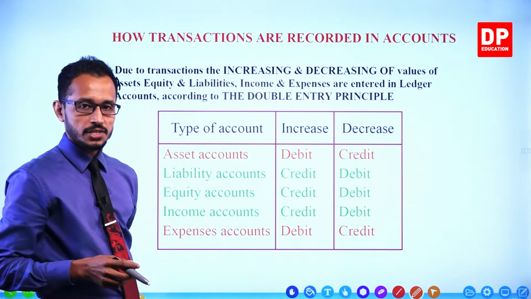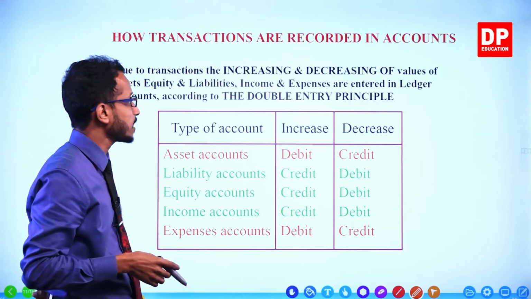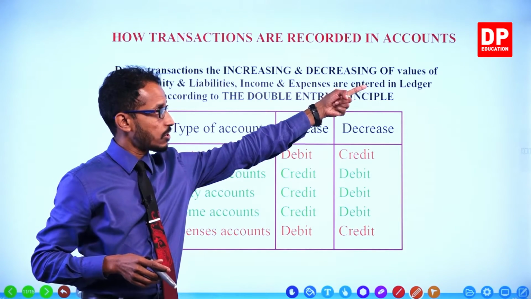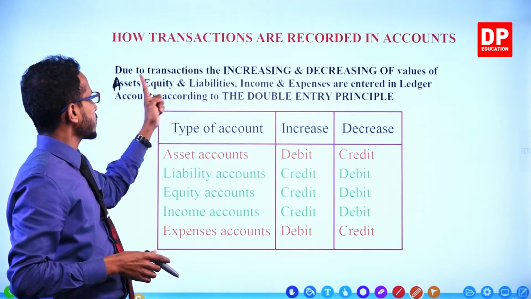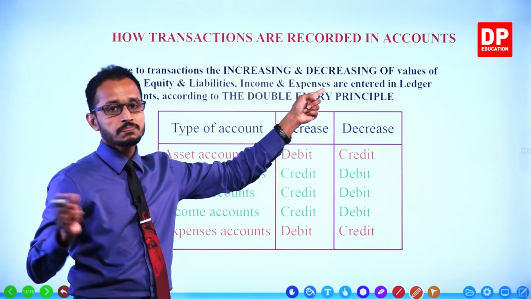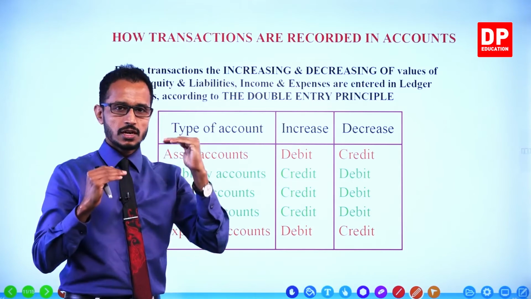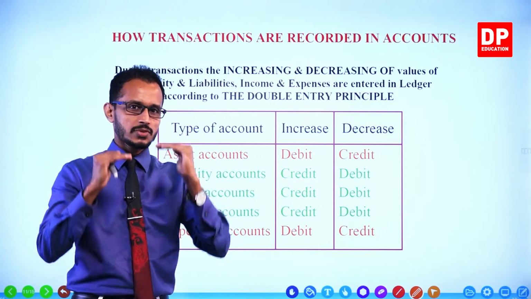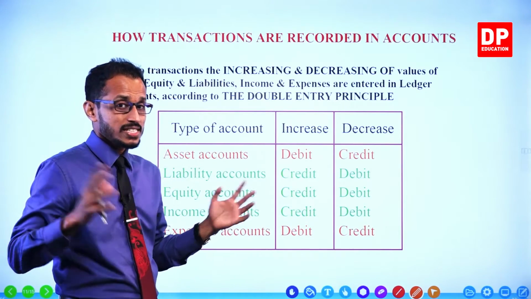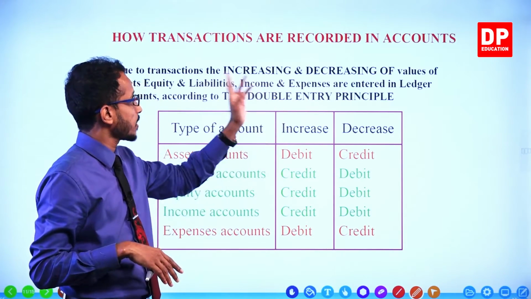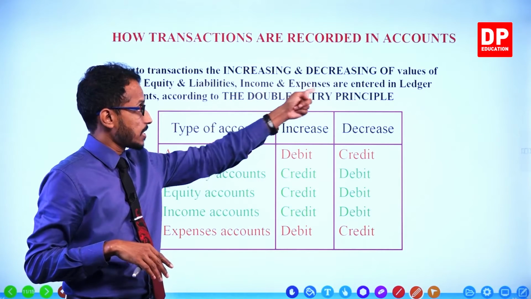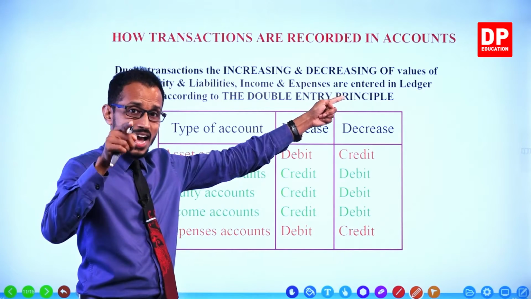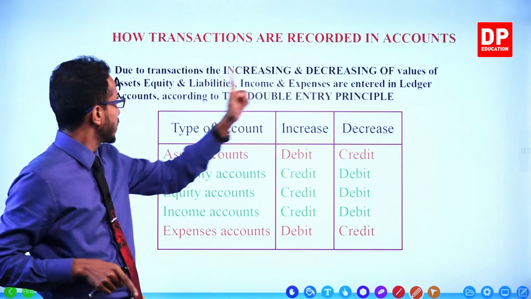We discussed increasing and decreasing, right? Assets and liabilities and equity, plus incomes and expenses are entered in the ledger accounts.